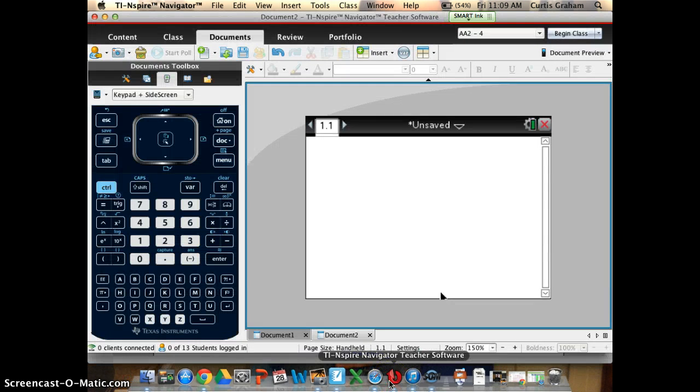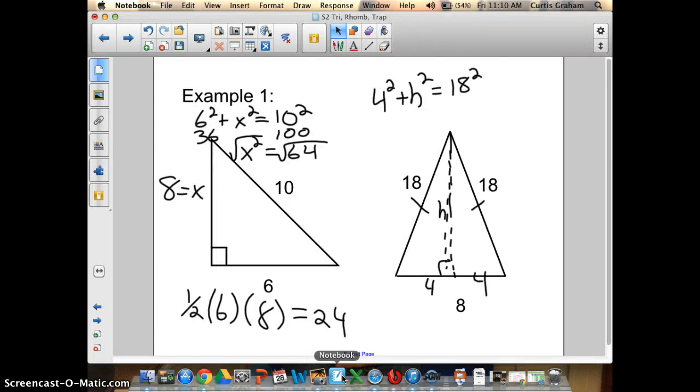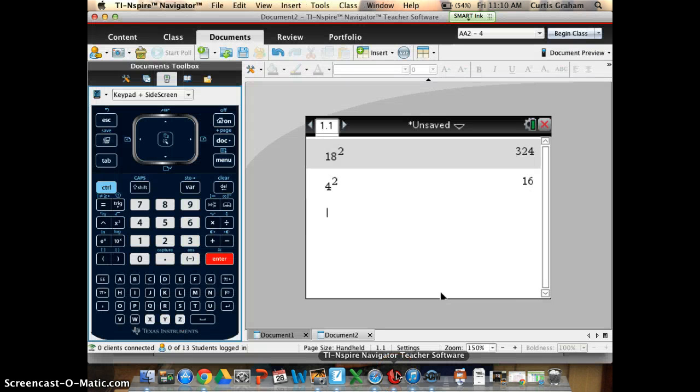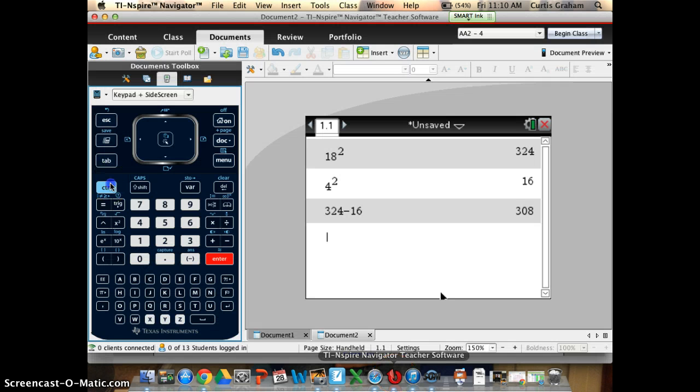Do that on my calculator, so I'll show you guys what that looks like. 18 squared is 324. 4 squared is 16. So 16 plus h squared is equal to 324. Subtract 16 from both sides, so 324 minus 16 is equal to 308. H squared is equal to 308. Take the square root of 308.